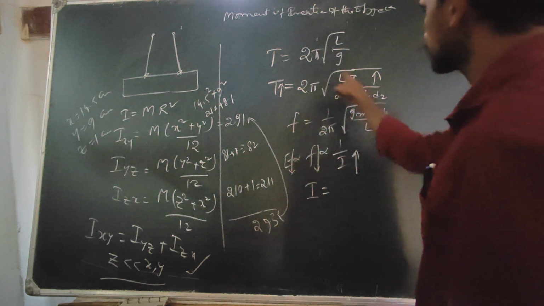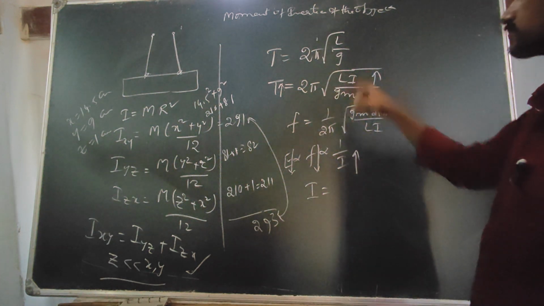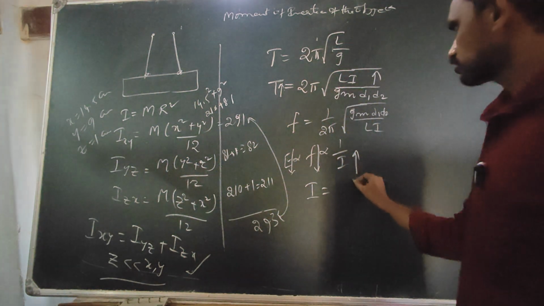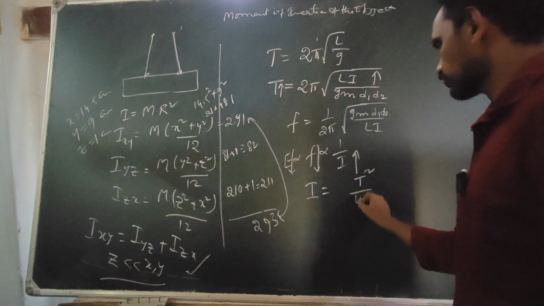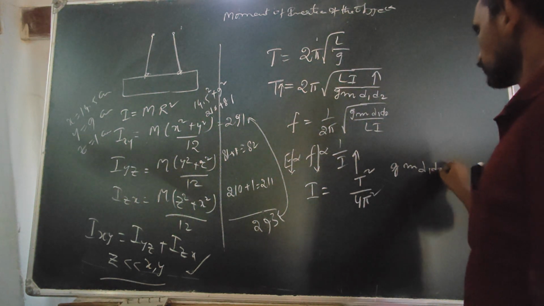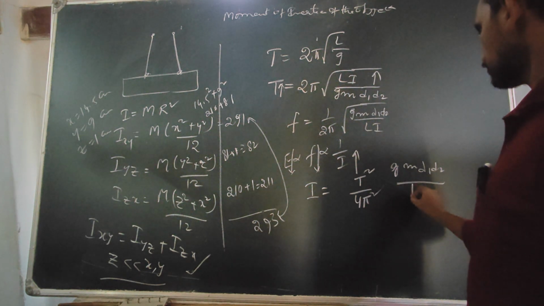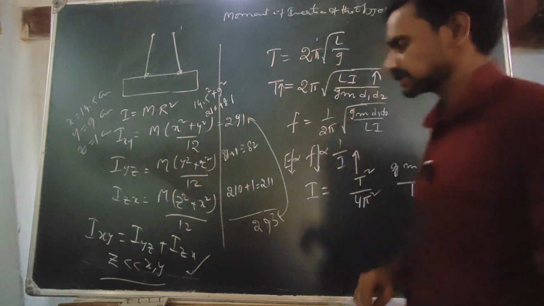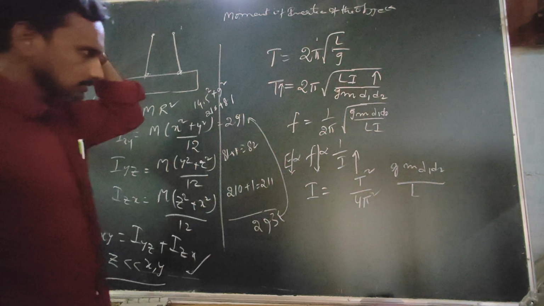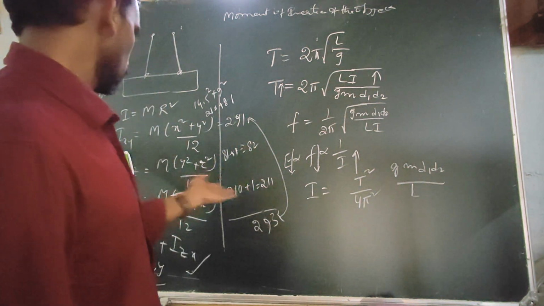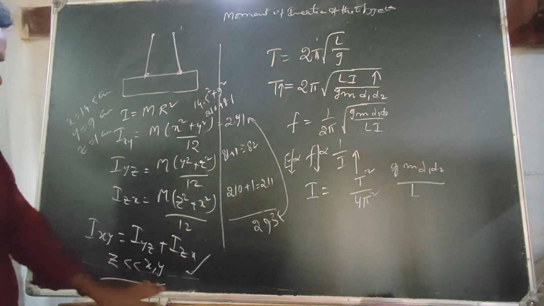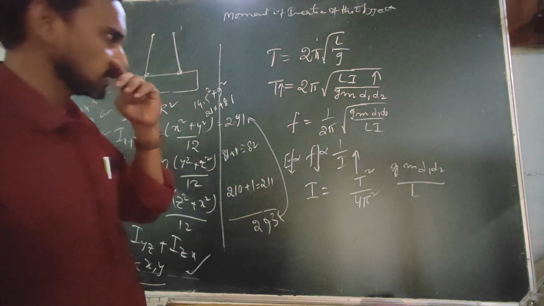From this equation, I is t square by 4 pi square times g m D1 D2 by L. So this is the expression for moment of inertia. Now, what variable do we have to take here? We have to measure Ixy, Iyz and Izx. Along the three directions we have to measure the moment of inertia.